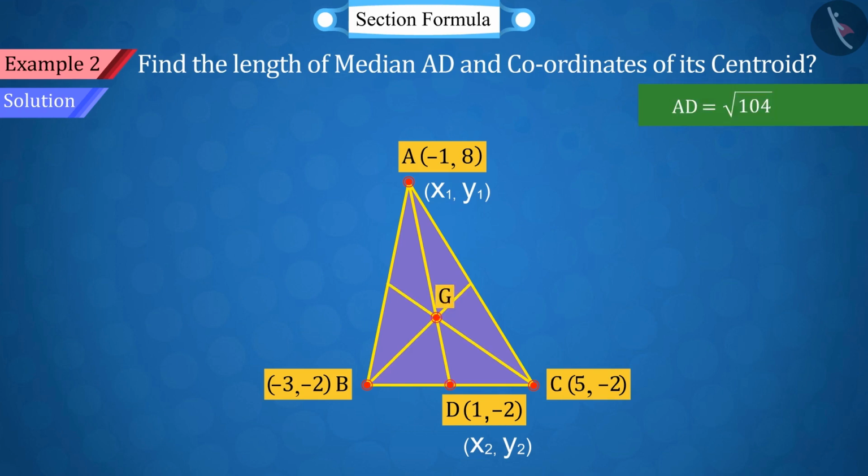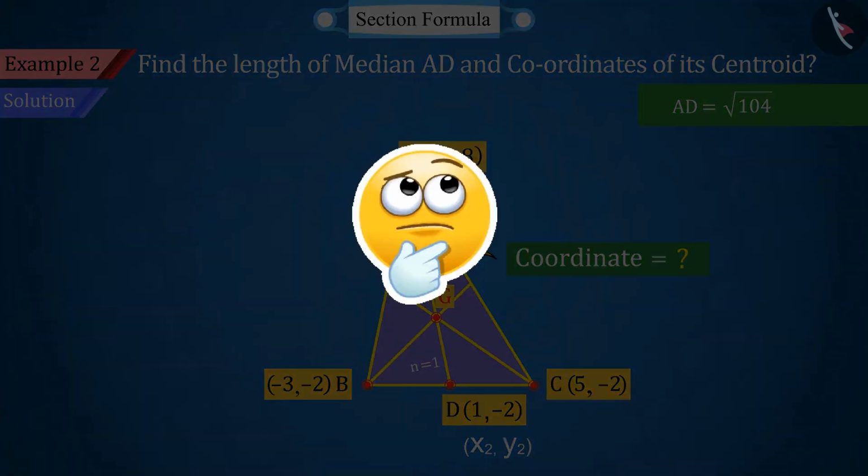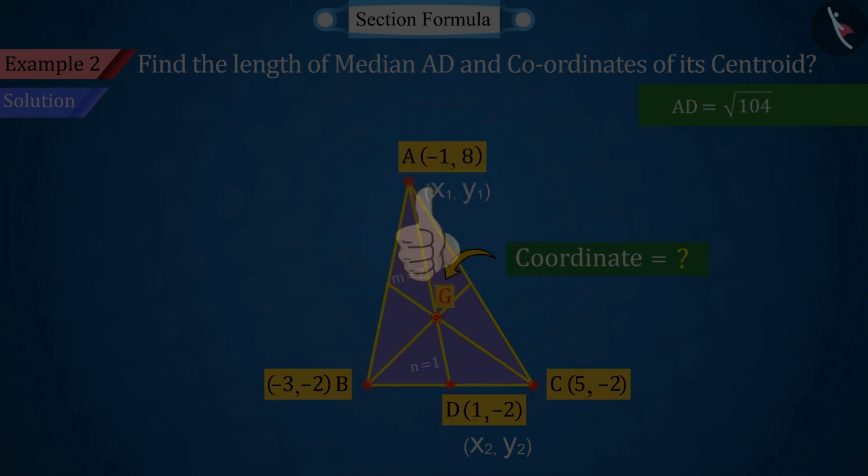Let the point G be triangle ABC's centroid. Because from triangle ABC's 3 vertices, the medians that pass intersect at the point G, which divides the median AD in the ratio 2:1. Hence, the point G is located on the median AD. Since now we have to find the coordinates of centroid G, try to recall and tell how did we solve this type of situation in the previous video. Absolutely correct.